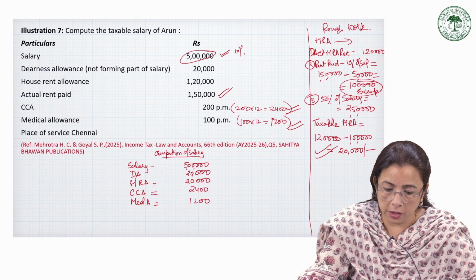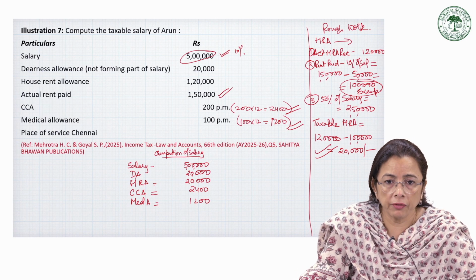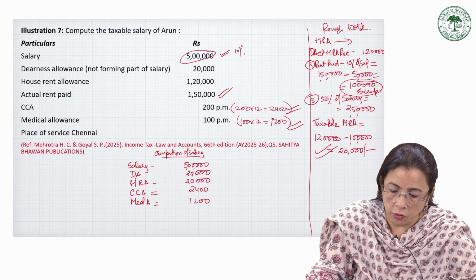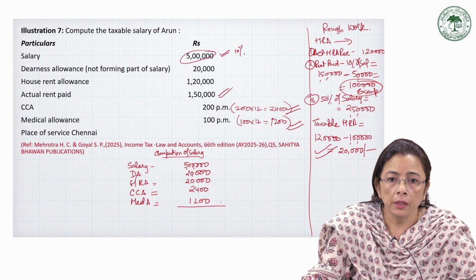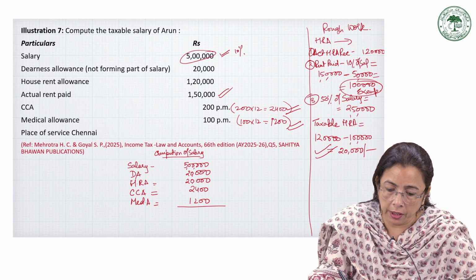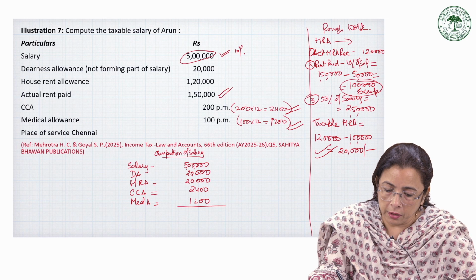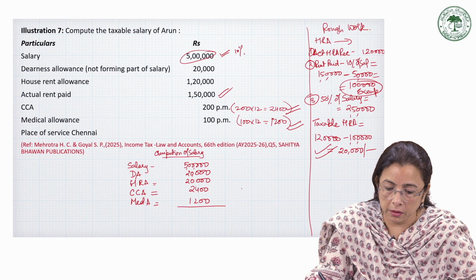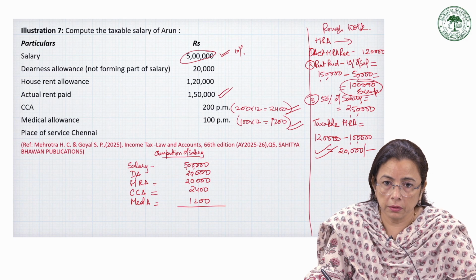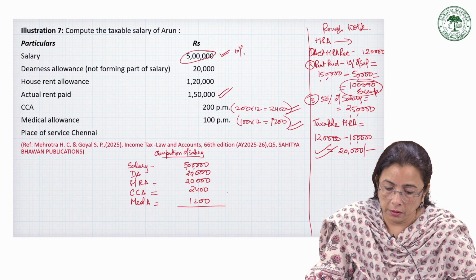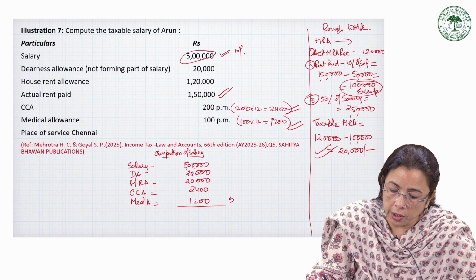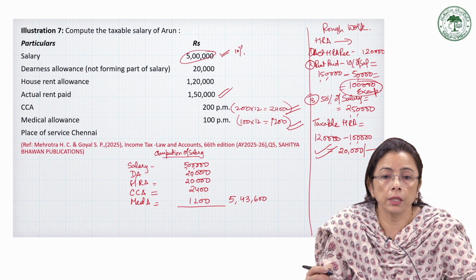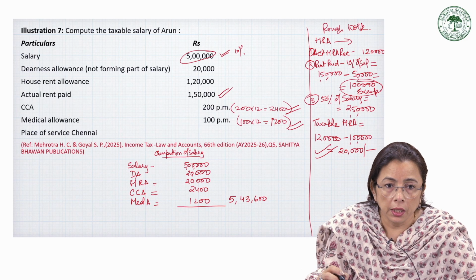I think we have just 5 components here. We add them together and the total comes to 5,43,600 as gross salary.